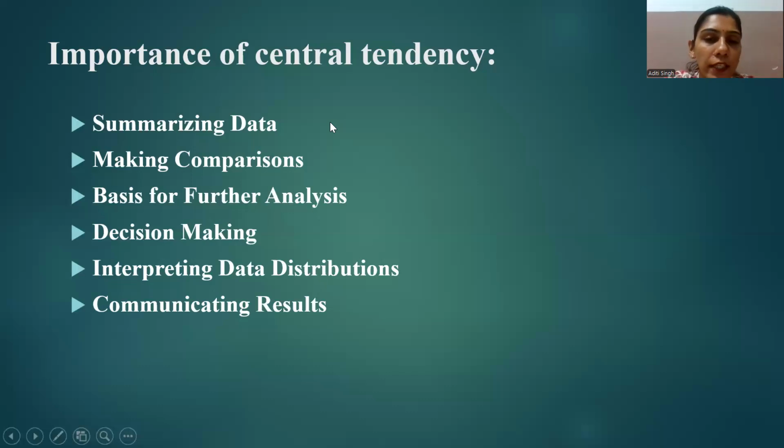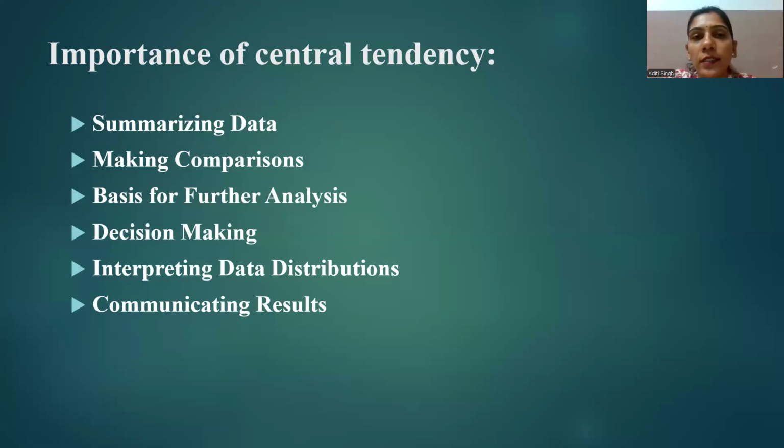Next is interpreting data distribution. Central tendency is often complemented by measures of dispersion, like variance or standard deviation, which provide insight into how spread out or concentrated the data points are around the central value.